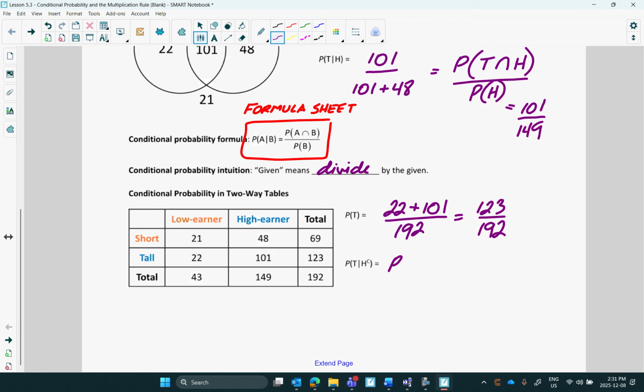Well, it would be the probability of both of them happening together over the probability of a low earner. So tall and low here, right? 22 over total low, 43.